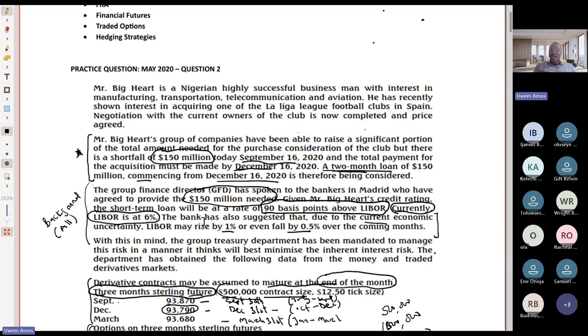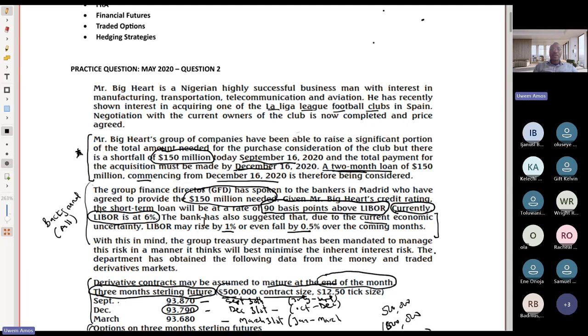We said, let's quickly recap for those that are joining for the first time. Mr. Big Heart is a successful businessman, has a lot of investment in different industries. But right now, he is interested in buying a La Liga League football club.